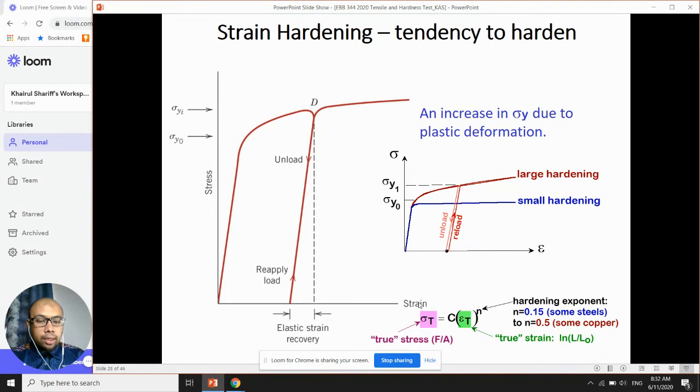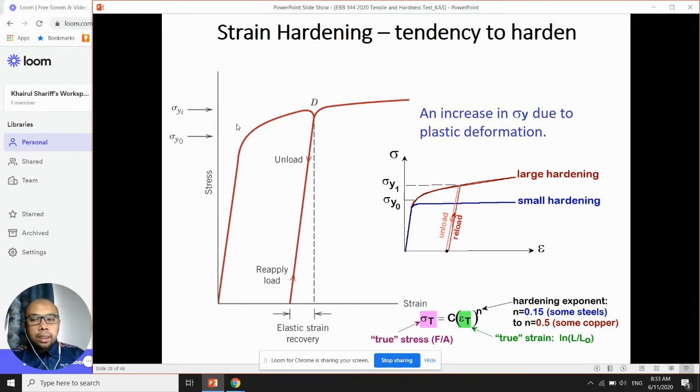The equation is true stress equals C times true strain to the power n. Normally the n value is given in the question, and C is a constant, or you can see C as the slope of the graph.